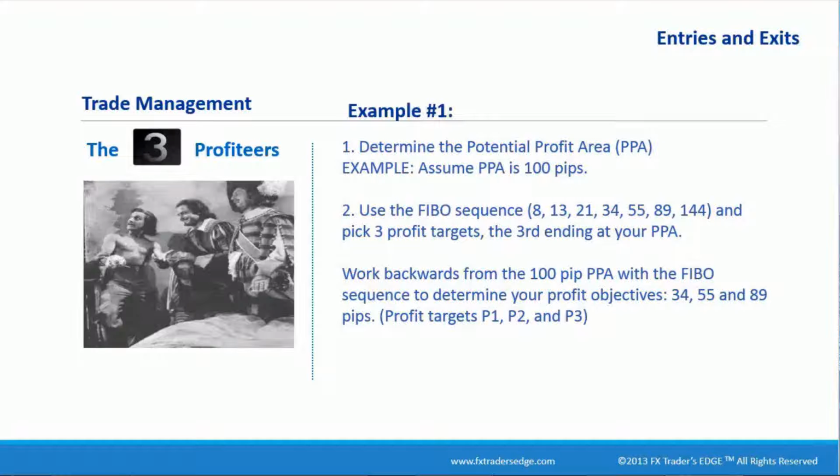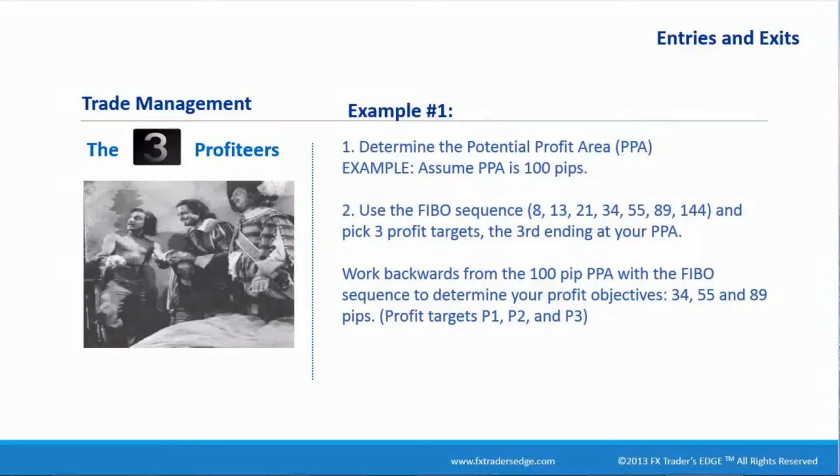We use the Fibonacci sequence and work backwards from the 100 pips and pick 3 profit targets. The third needs to end at the PPA or the closest Fibonacci sequence number to 100 pips.